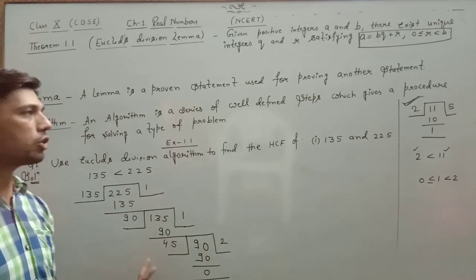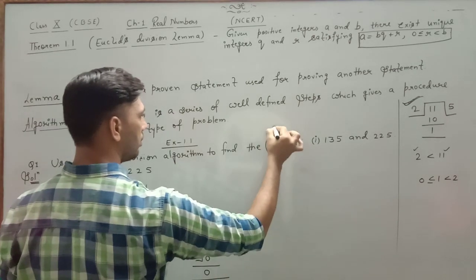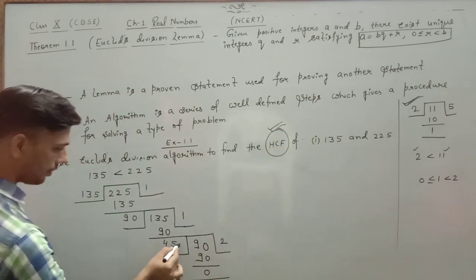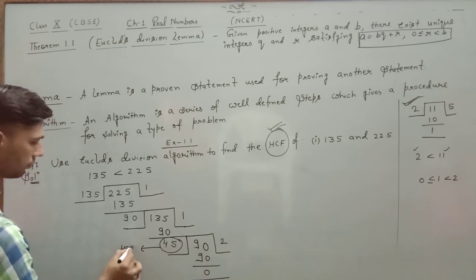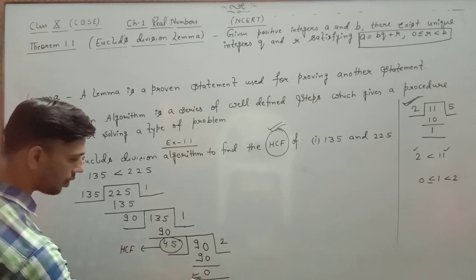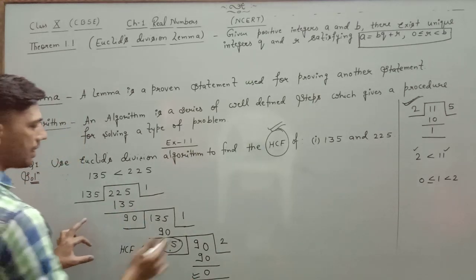So remainder 0 is possible in this case. So 45 is the HCF of the two given numbers. This is called HCF. The divisor from which the remainder 0 comes is the HCF.